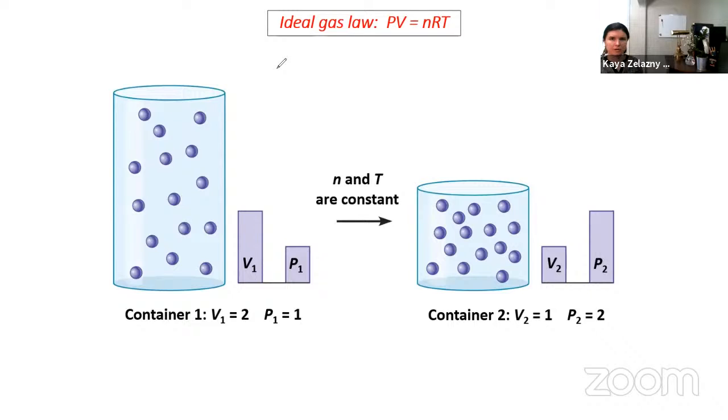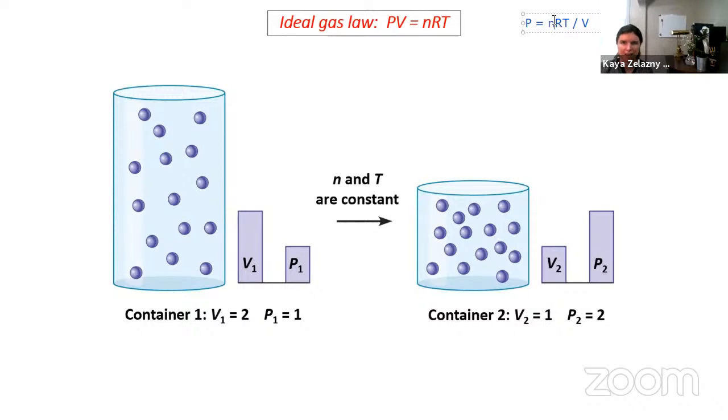If we take PV equals nRT and divide everything by V, we would get P equals nRT divided by V. So that nRT is what we are expressing as a 1 in that inverse relationship that I wrote on the board on the previous slide.